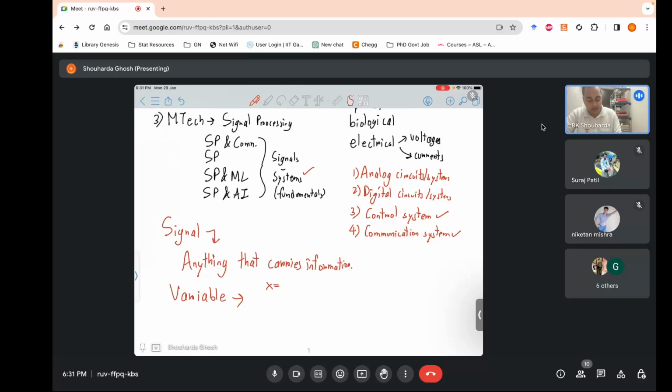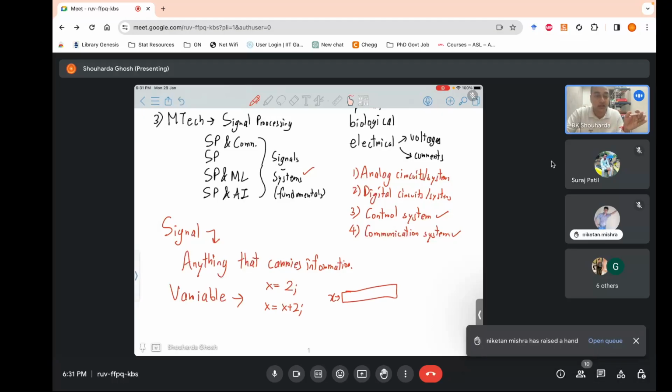So you have a variable, say x equal to 2, and in the next step you do x equal to x plus 2. So x is a variable. It's almost like assigning space to some register in the CPU. Now I'm using words that are going outside the context.